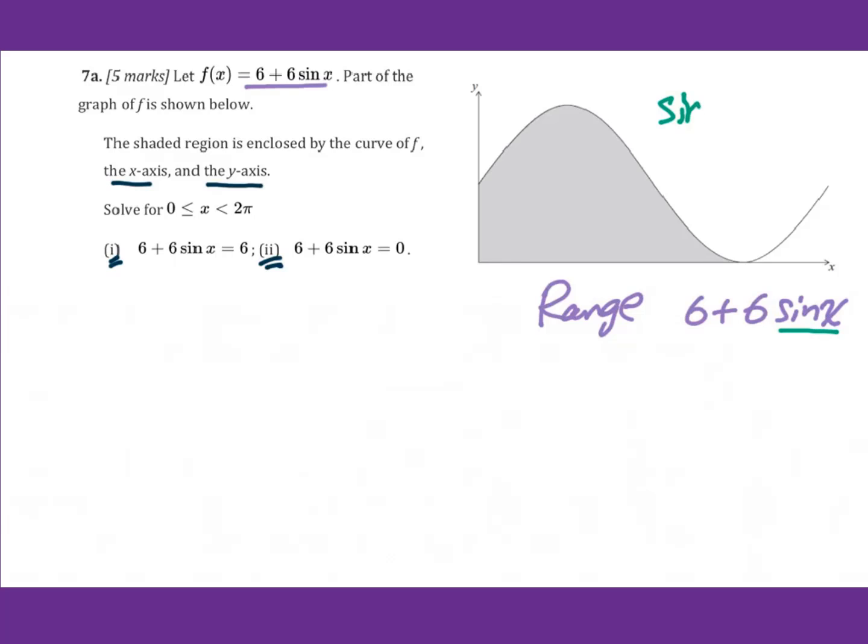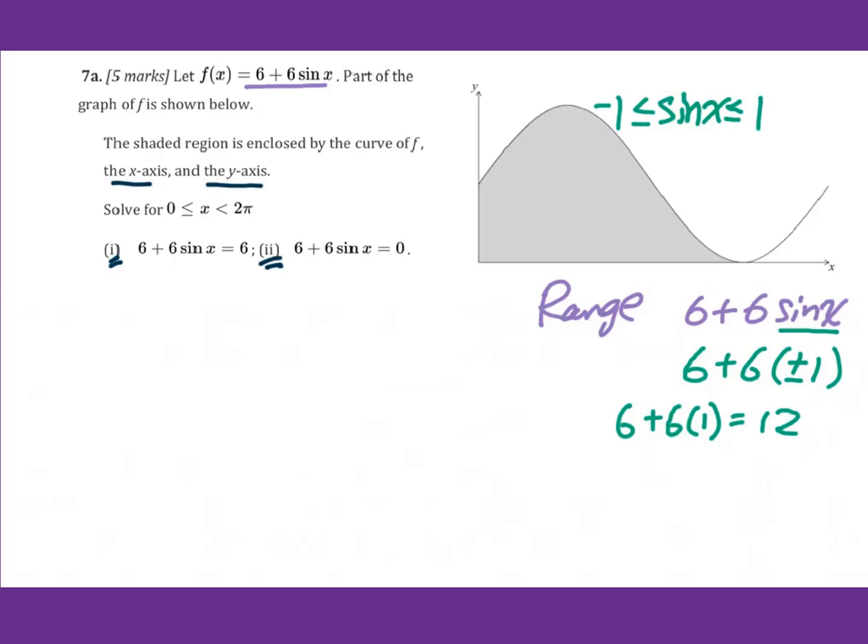We know the sine x is between negative 1 and 1. So we get 6 plus 6 times the positive and negative 1. 6 plus 6 times the positive 1, you will get 12.